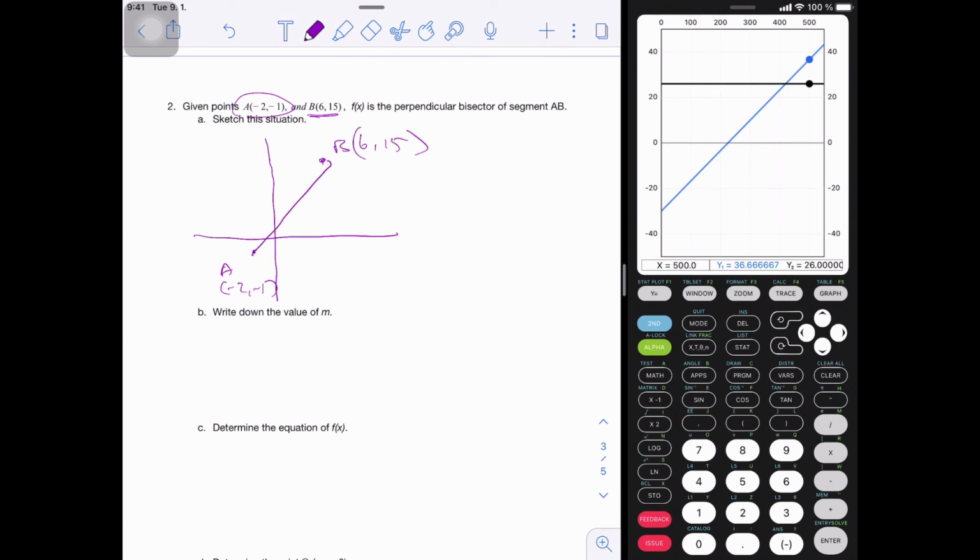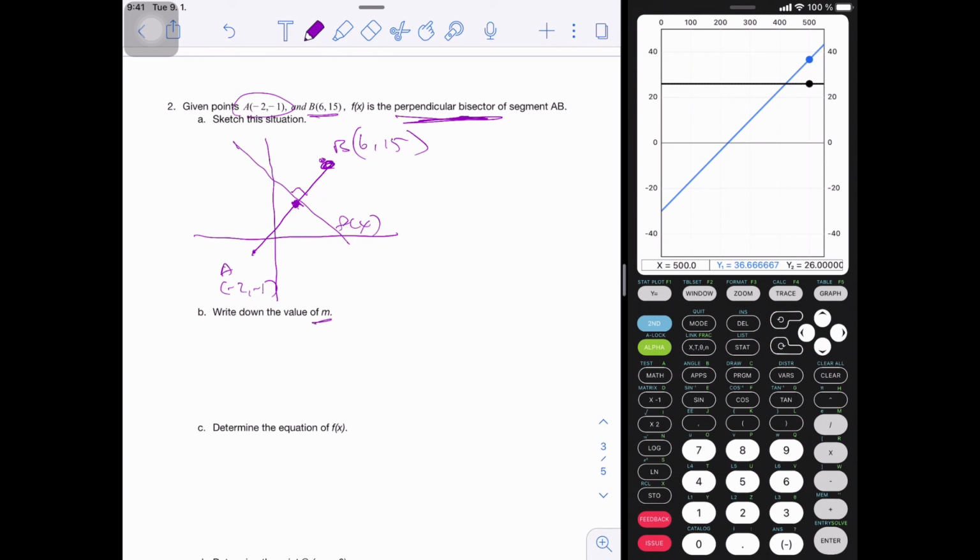So here is AB. f(x) is the perpendicular bisector of the segment. So if I'm going to be a bisector, I need to find the middle point, and then it needs to be perpendicular. So it's going at a 90-degree angle here. And so that line here is f(x). That's what I'm looking for.